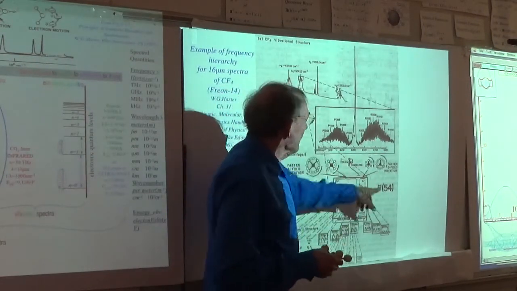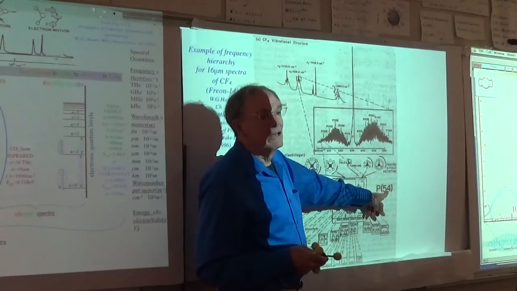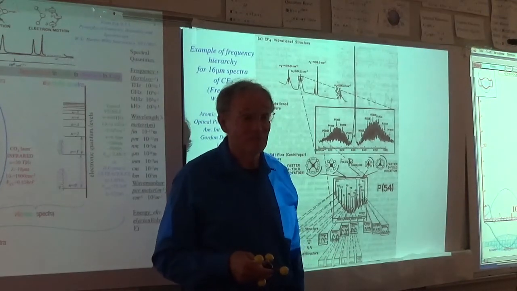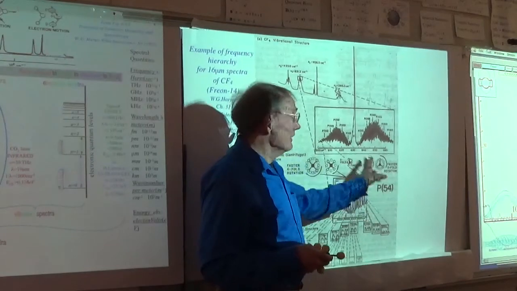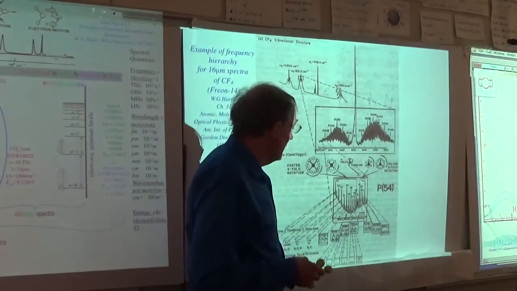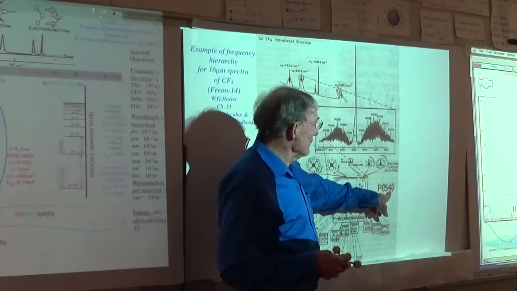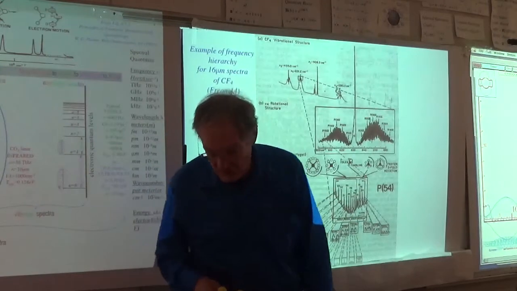But this guy right here, P54, that means you started with 54 and went to 53 in your transition. Actually, you started with 55 and went to 54 is the way this works out. So every one of these guys in here has effectively the value of the angular momentum 54.